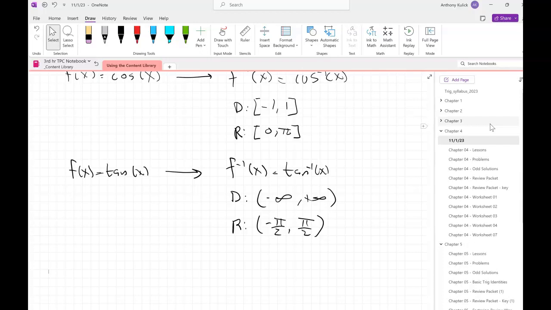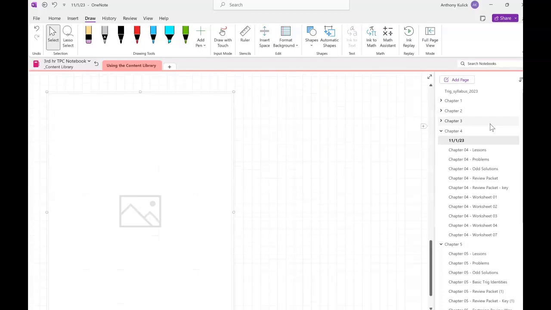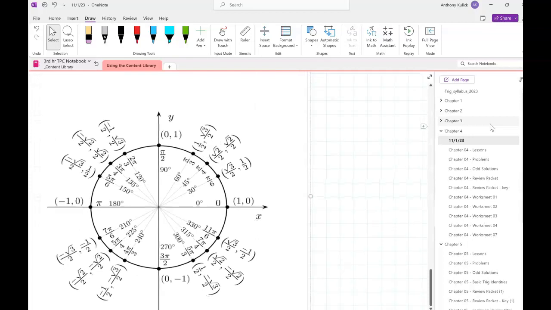That's why tan inverse has a parenthesis at those values, because there is no y when I do tan of -pi/2. It's undefined. So I can't do tan inverse of a number to get pi/2 to come back because there's no number there.